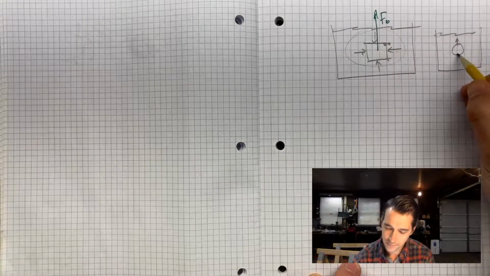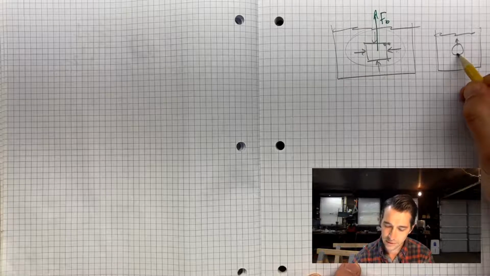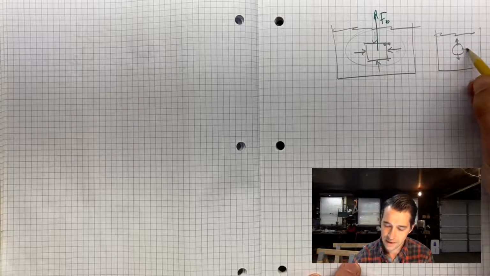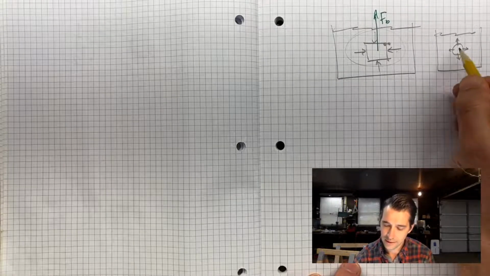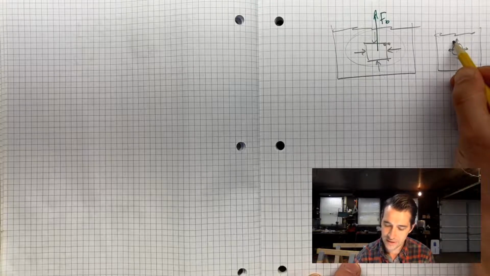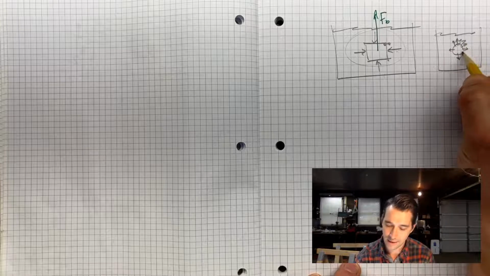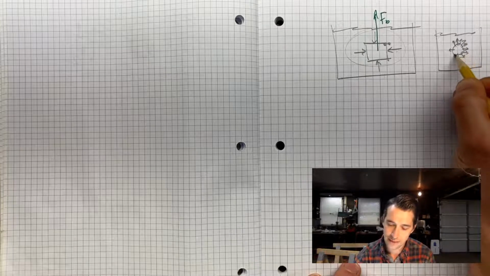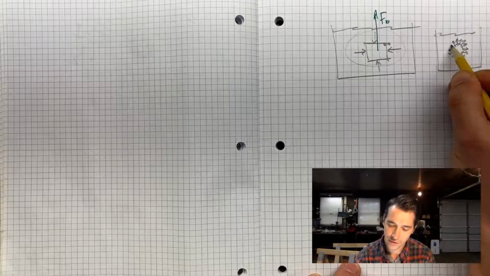Well, at the bottom, there'd be a similar gravitational attraction down, and each side would be pulling. And if we summed up every single one of these, there'd be a lot, but they'd all be exactly equal, and they'd all cancel each other out.